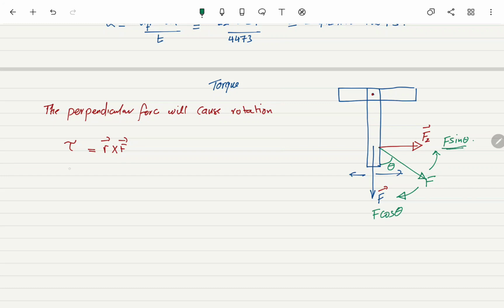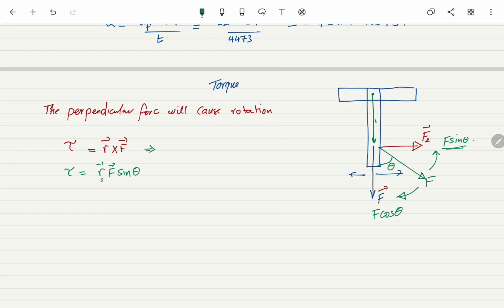In this case, torque is defined as R cross F, or in other words, torque is equal to R F sine theta. In such a way, R here is defined as the vector from the pivot point until the force F here.